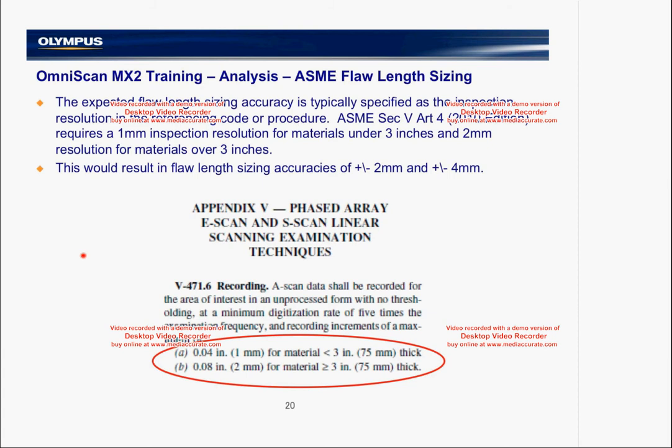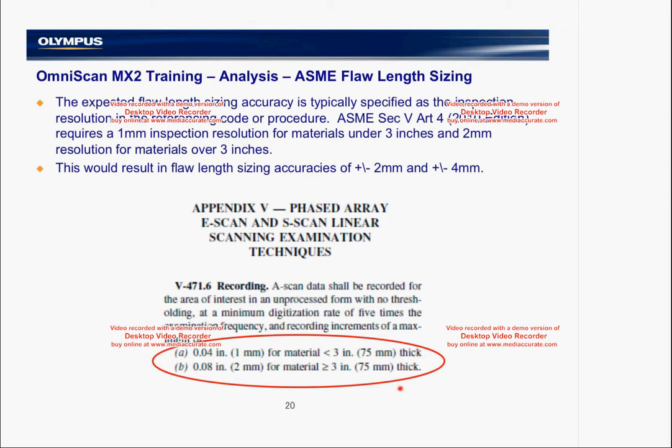But typically in our applications, we will use either 1/2, 1 millimeter, or 2 millimeters based on our procedure. In the 2010 ASME Section 5 phased array E-scan and S-scan examination requirements, for component thicknesses thinner than 75 millimeters or 3 inches, we would use a 1 millimeter resolution.